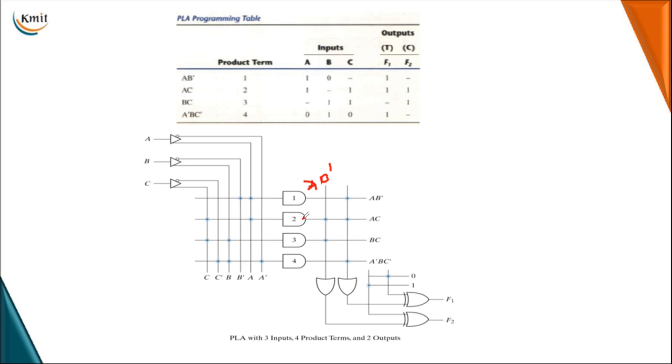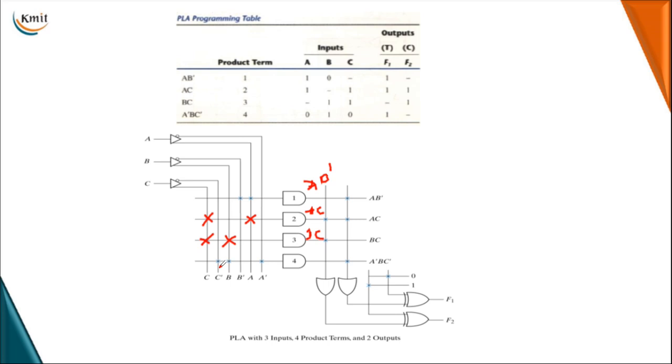The second product term has only AC, so we cross the A value along with the line of your C. The second AND gate will implement your product term of AC. Next, the third one will give you the BC value, so B along with C, we crossed it. The third AND gate will give you the product of your BC.